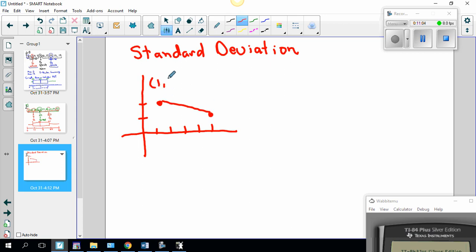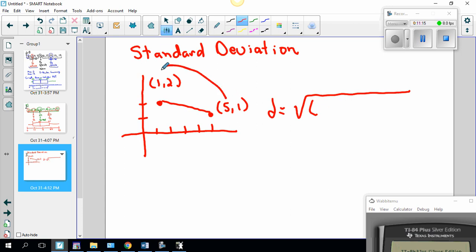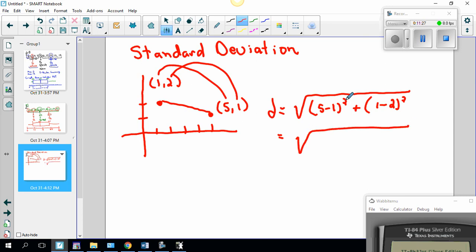There's this distance formula that we just memorize to be, you subtract your x's and you square it, plus you subtract your y's and you square it, and you get 16 plus 1, square root of 17 is this distance.